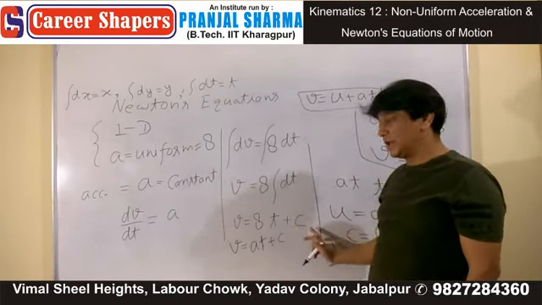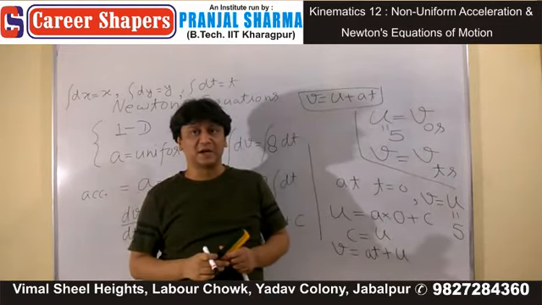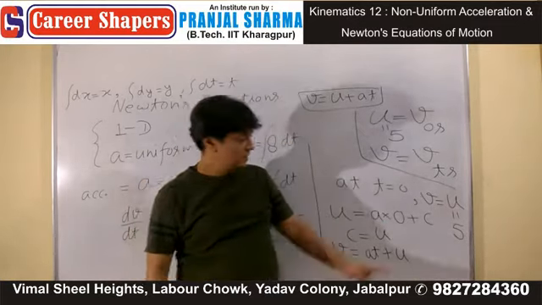When I write u, suppose somebody told us that initial velocity is 5. What we are writing is 5. At t equals 0, v is u. What is u? u is a number. Somebody told us that initially the object was moving with 5 meters per second. Maybe in some other example it was moving with 7 meters per second, then we'll write 7 here. In some other example it was moving with 23 meters per second initially, we'll write 23.